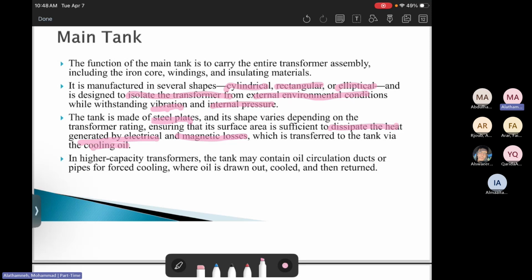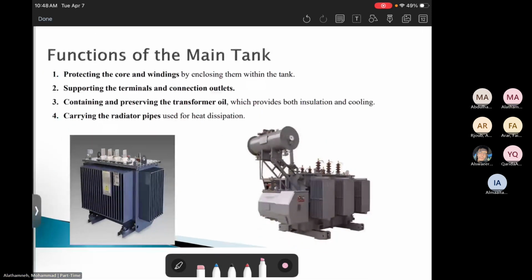Higher capacity transformers might contain oil circulation ducts or pipes for forced cooling, because the transformer size depends on the power ratings. If you have higher power ratings, there will be bigger sizes, and we need to make sure it is capable of handling the heat. With higher power, there will be very big heat.